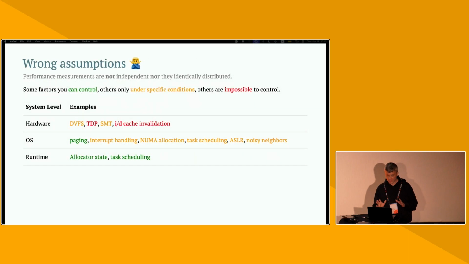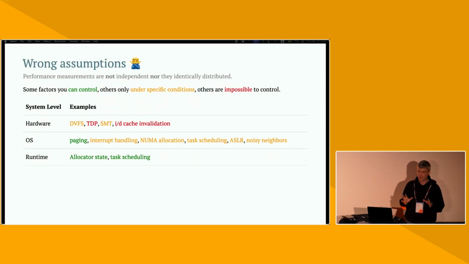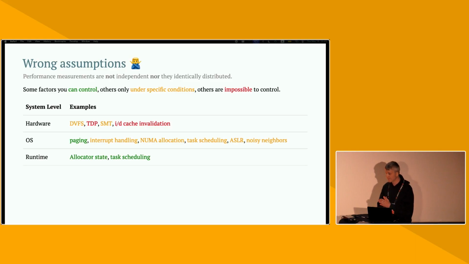There are a lot of reasons why we cannot measure performance precisely. I cannot go through all of them, but the important thing is that the factors that influence performance span multiple system levels. It's hardware, it's operating system, it's runtime, and Rust still has a very little bit of runtime, but still has one, like for example, allocator state, right?